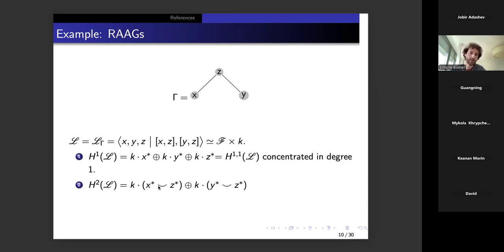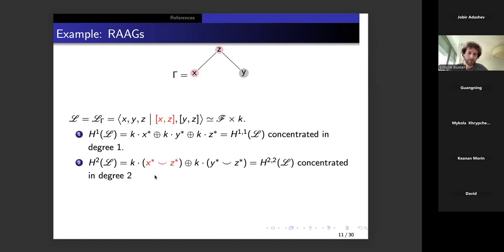And one discovers that each element of the second cohomology group lies in the image of the cup product. And so the second cohomology group, as we may expect, is two-dimensional because we have two minimal relations here. And it is also concentrated in degree 2. So we see that both the first and the second cohomology groups are concentrated on the diagonal.